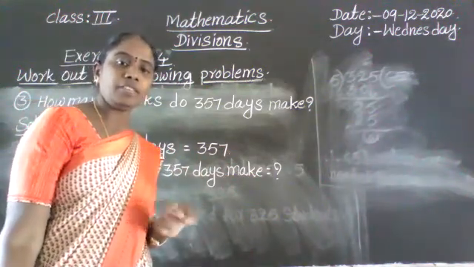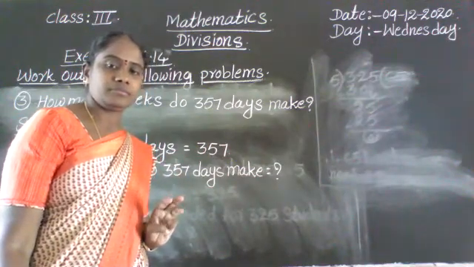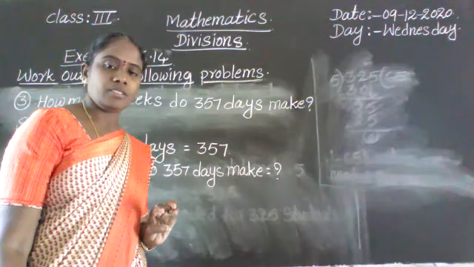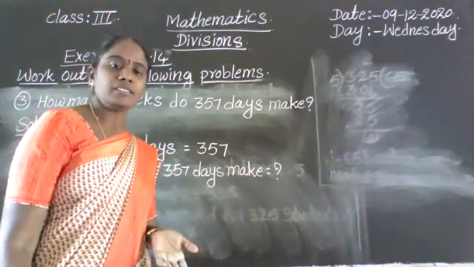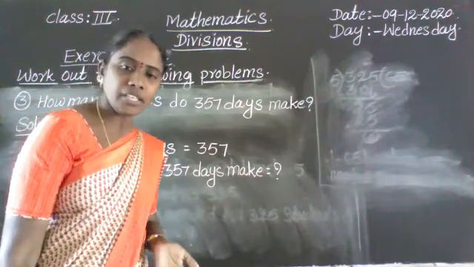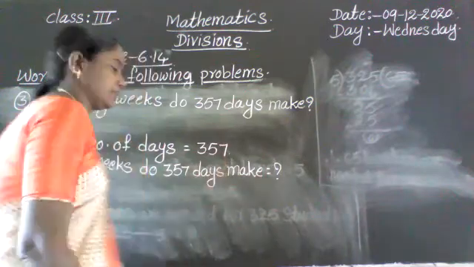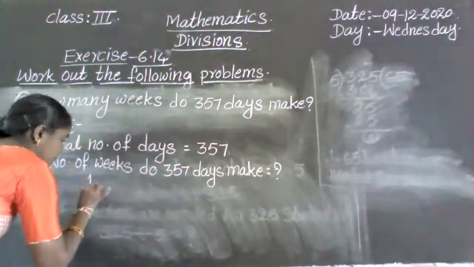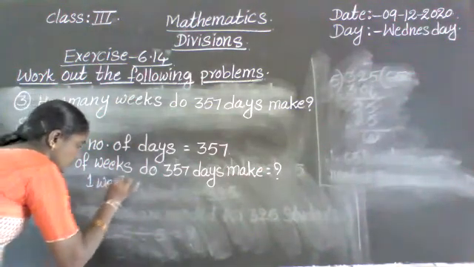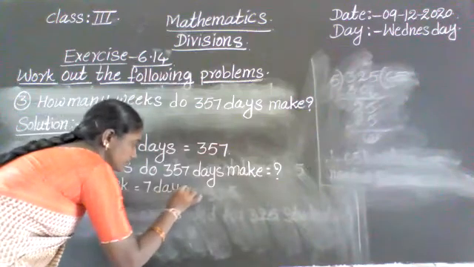Say anyone. Say fast. Yes, very good. 7 days. Yes, 1 week equals 7 days. First write that one. One week equals 7 days.